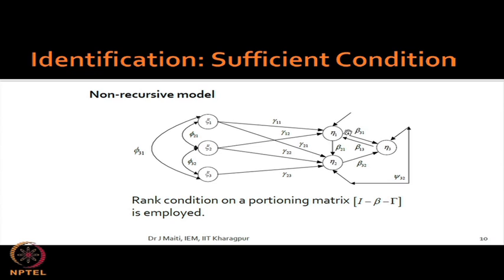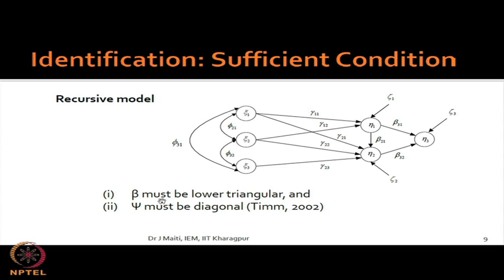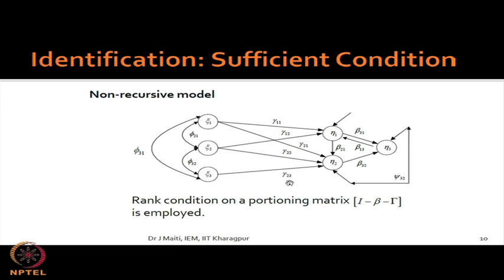So, a loop is formed because of these bidirectional arrows, which is not possible in a recursive path model. In a non-recursive path model, beta being triangular or psi being diagonal will not be a sufficient condition.